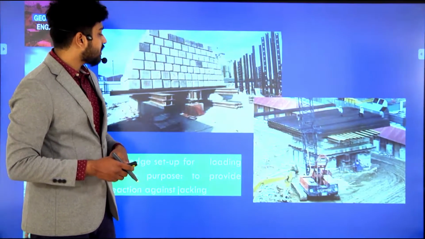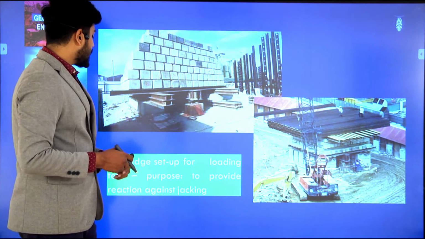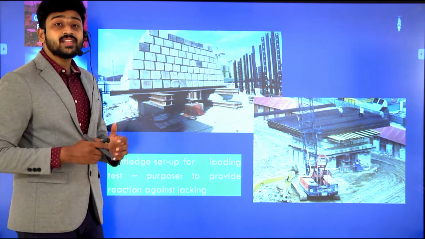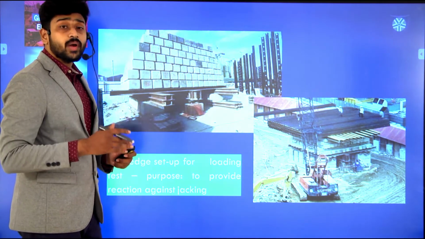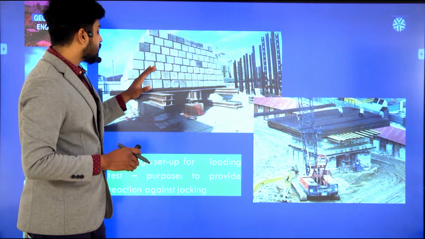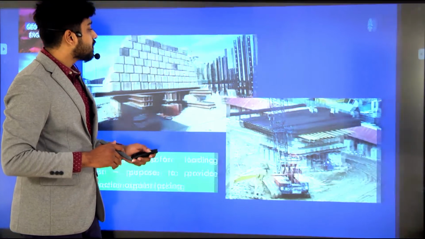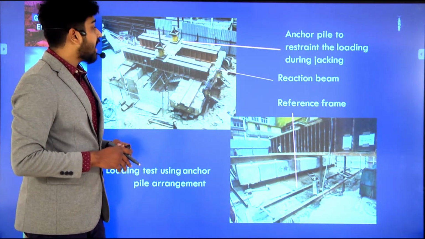And in this diagram, this is a Kentledge setup for the loading test. The main purpose of this is to provide the resistance against jacking. This sort of arrangement is used in the pile load test only to make sure that resistance is offered against the jacking.